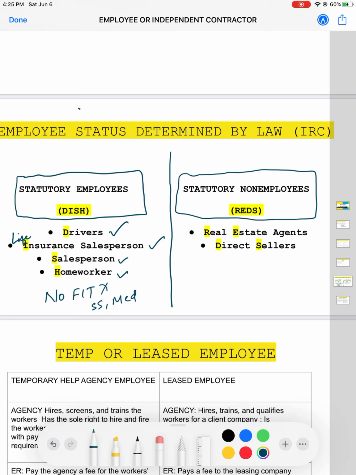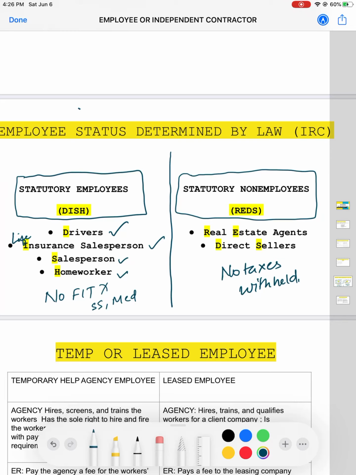So certain categories of workers may qualify as employees under common law, but they are treated as independent contractors for federal income tax withholding, Social Security, Medicare, future tax purposes, meaning that the employer does not withhold any taxes from their earnings because they are non-employees. So no taxes withheld.